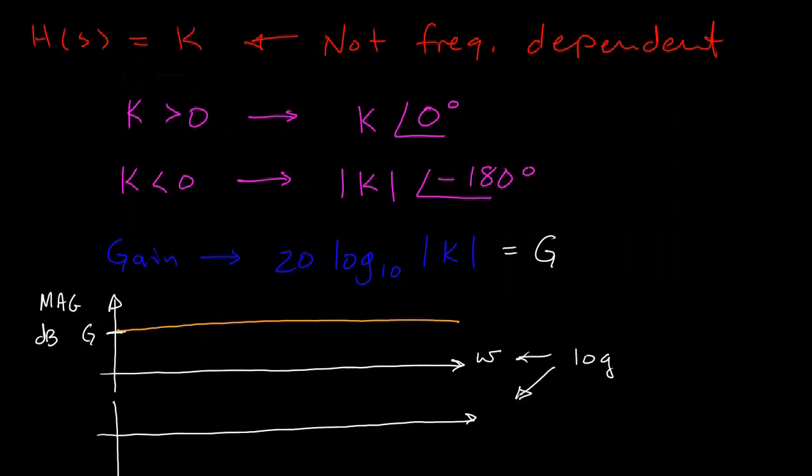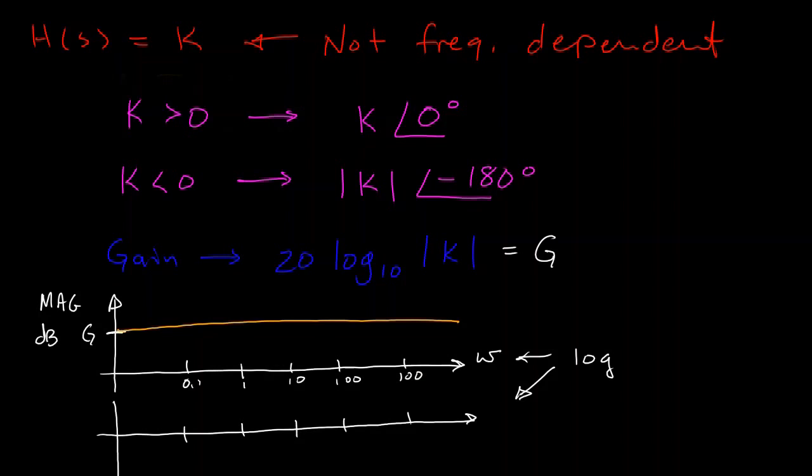So our frequency would be, for example, 0.1 radians per second, 1, 10, 100, 1,000. Pretend those are all uniformly spaced. So that's our logarithmically spaced frequency points.